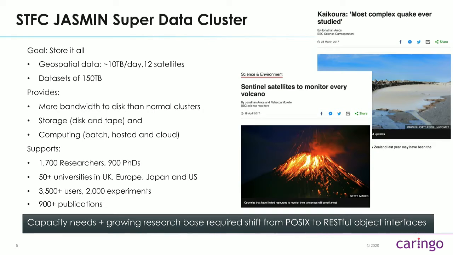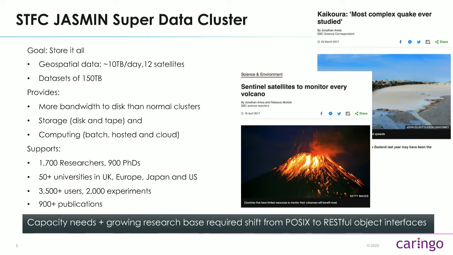Yeah, sure. Happy to do. So let's talk about the STFC use case. The JASMIN facility is a super data cluster that delivers infrastructure for data analysis like monitoring volcanoes, earthquakes, or even wildlife. As you can see, the goal is clear. Basically, what they want to do is to store absolutely everything. We are talking about 10 terabytes of data per day, and with JASMIN working with data sets of over 150 terabytes.